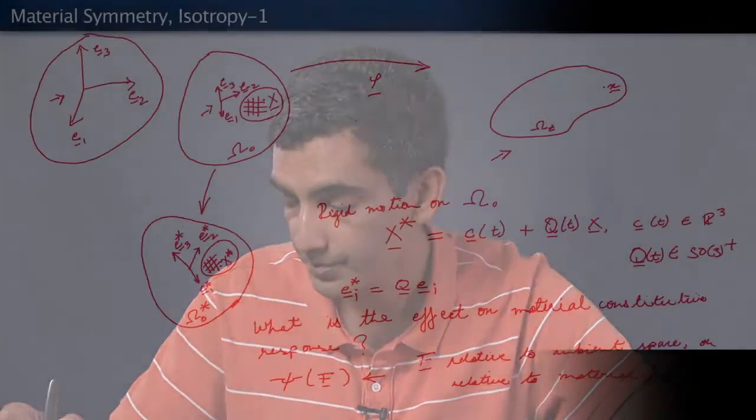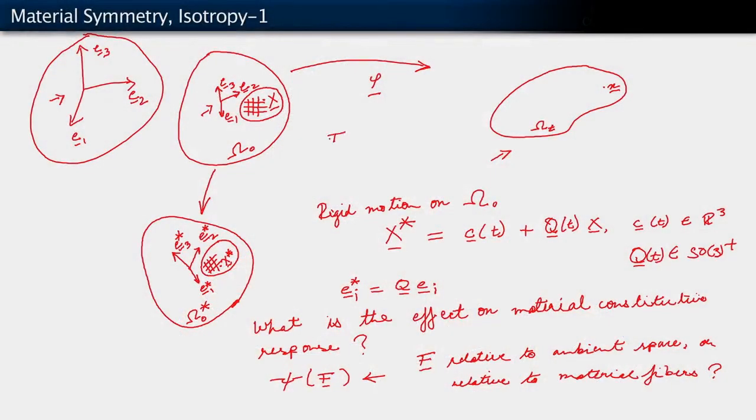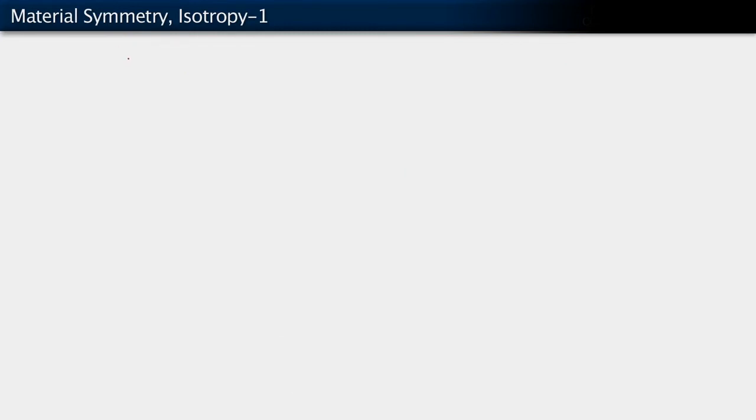For this picture, we already have F equals partial of phi with respect to capital X. But we need to ask ourselves whether that is what matters. We have F relative to the walls of the room, which is partial of phi with respect to x, and this is the sort of deformation that we're holding fixed.